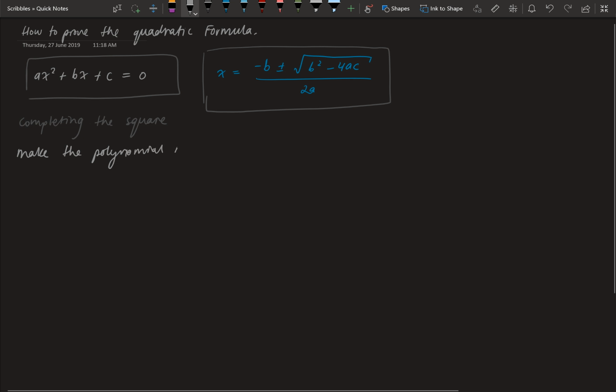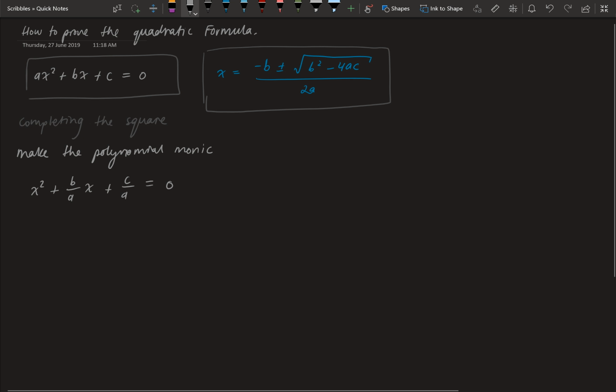Which just means that the highest order term of x has a coefficient of 1. The way we do that is we just divide through by a. So we go x squared plus b on a x plus c on a equals 0. And obviously 0 divided by a is 0.